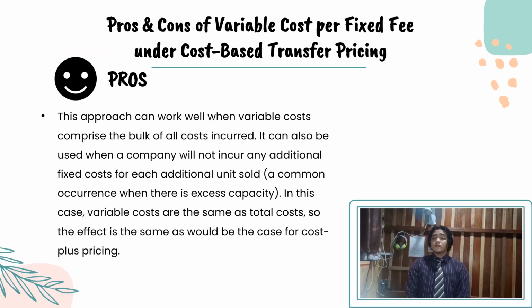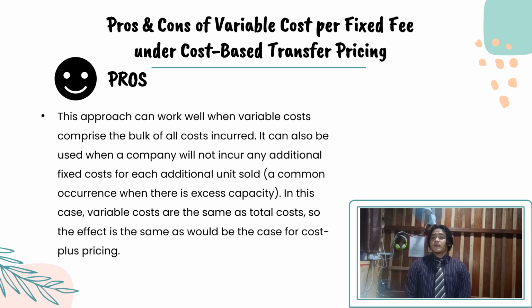There are also pros and cons of the variable cost plus fixed fee under the cost-based transfer pricing. As for the pros, this approach can work well when variable cost comprises the bulk of all costs incurred.